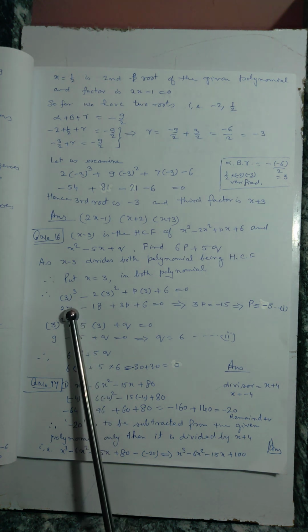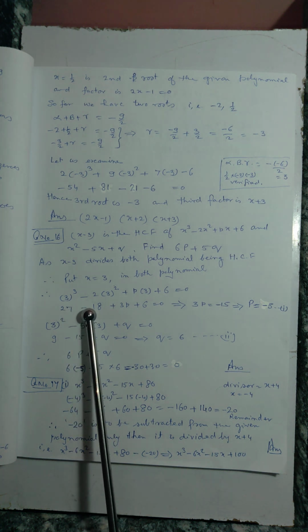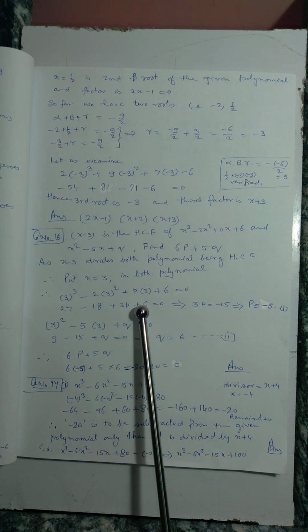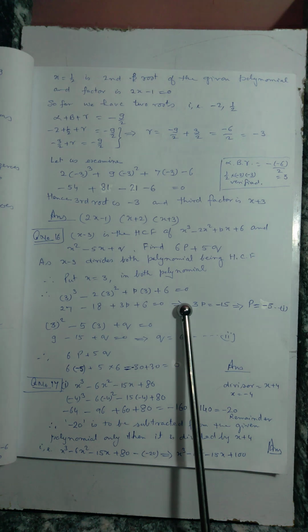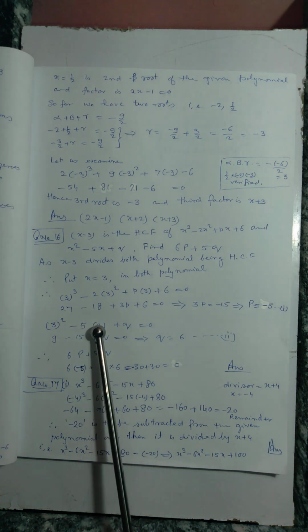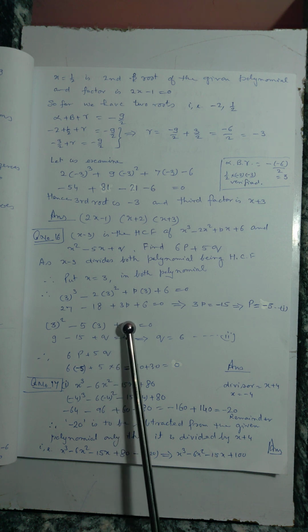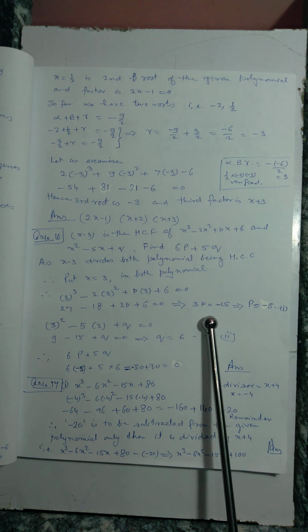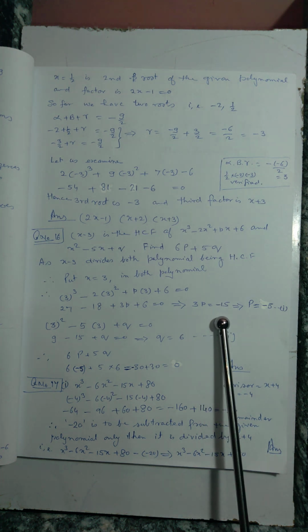So 3 raised to power 3 minus 2 into 3 raised to power 2 plus p into 3 plus 6 equal to 0. So here it will be 27 minus 18 plus 3p plus 6 equal to 0. So 3p will be equal to minus 15.